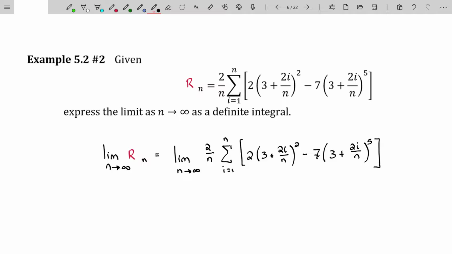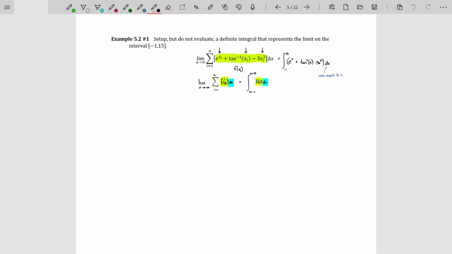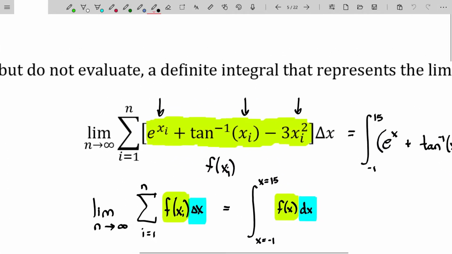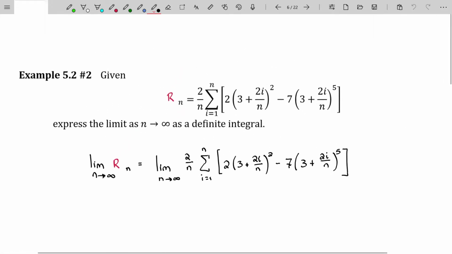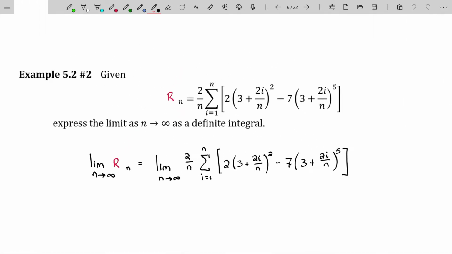In the previous problem, they just gave us the fact that our functions, if you take a look over here, were e to the x sub i, tan inverse of x sub i, 3 times x sub i squared. But in the problem that we're working with right now, there's definitely no x sub i. You can't see the x sub i. They've hidden it from us.